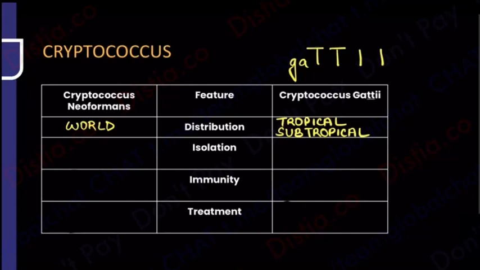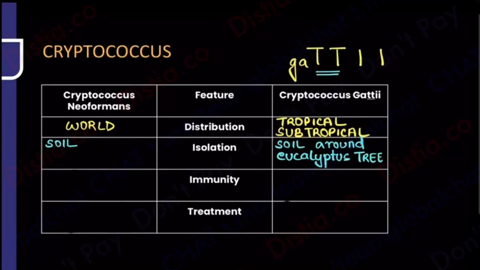Next, please remember, when you're talking about the isolation, where are you going to find it? Very important. One of them is found in the soil around the trees. One of them is found in the soil with pigeon droppings. So ultimately, both of them are coming from the soil, but one of them is found in the soil around the eucalyptus tree. And how do I learn it? Because gattii is sounding like a tree.